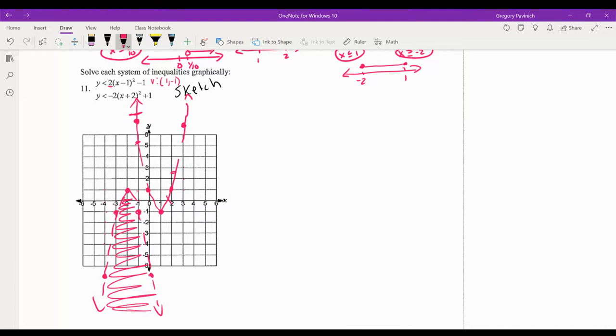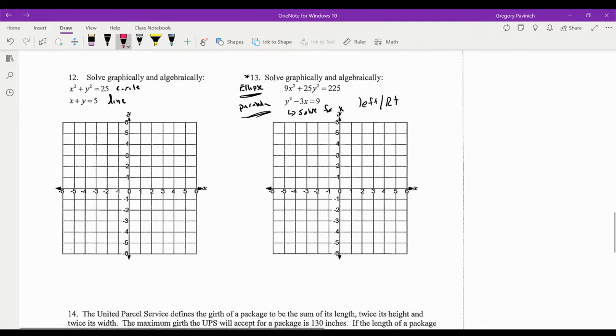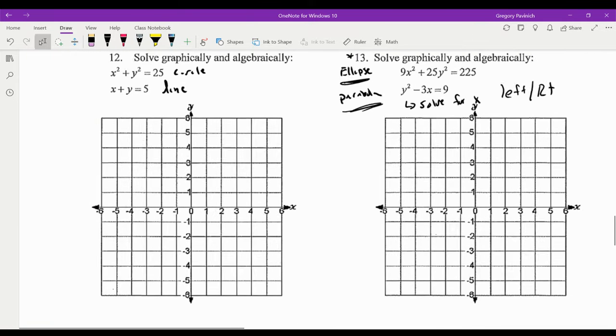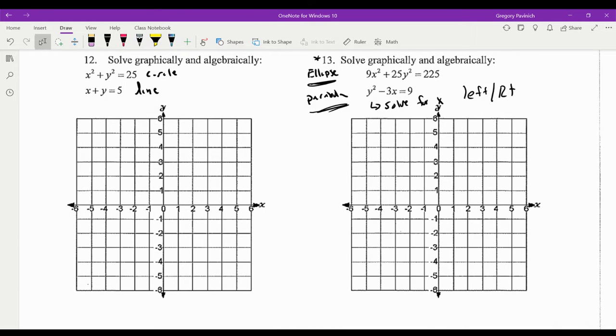Okay, next one is I have a system of linear and circle. And so what I want to do is I want to be able to graph both of those. So let's just do the circle. That's a pretty easy one. It's got a center of 0, 0 and a radius of 5.